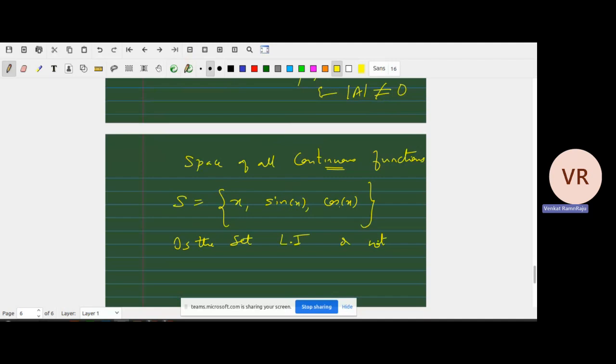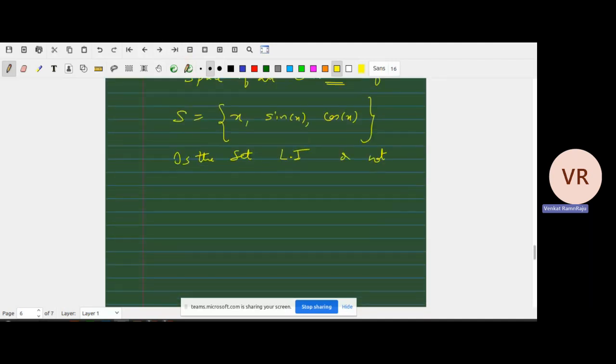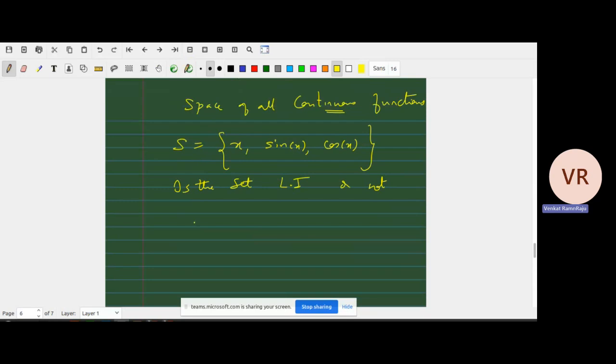Because this is infinite dimensional, I won't go by the matrix form, but what one can argue is that no non-trivial linear combination of the elements of S can give the zero vector.